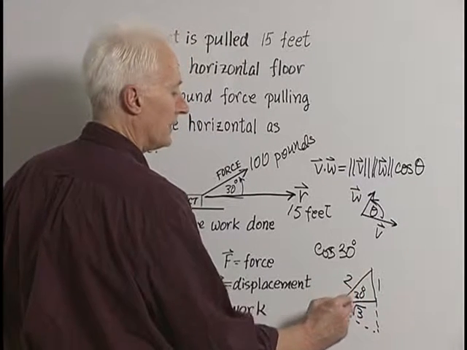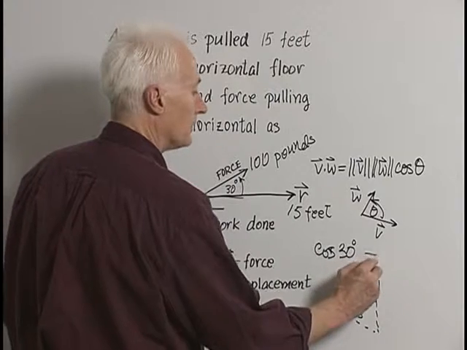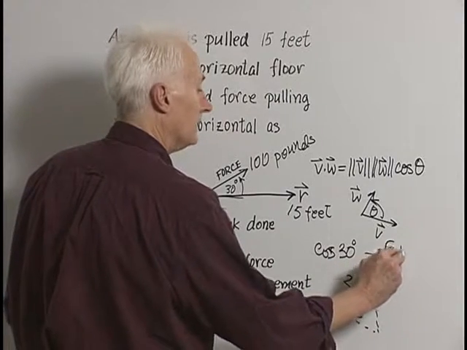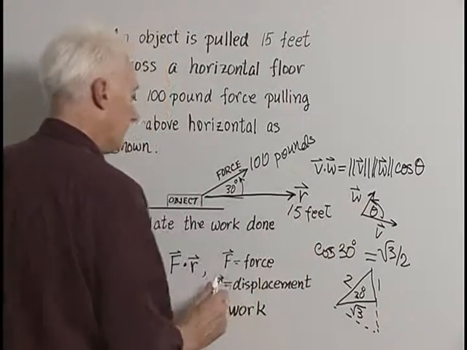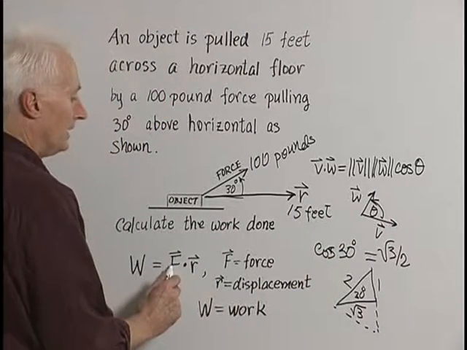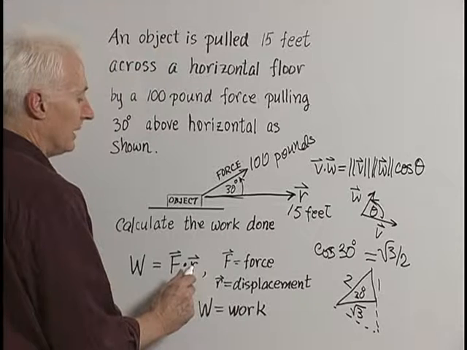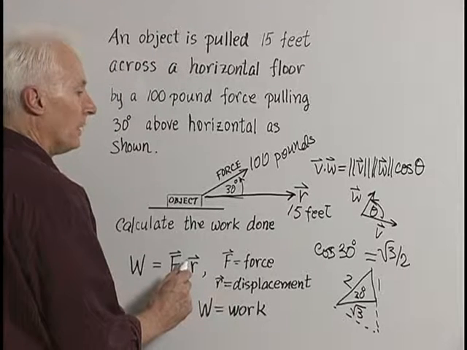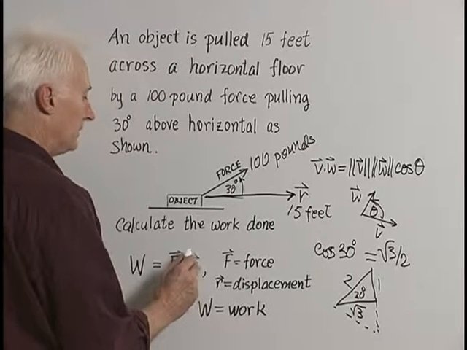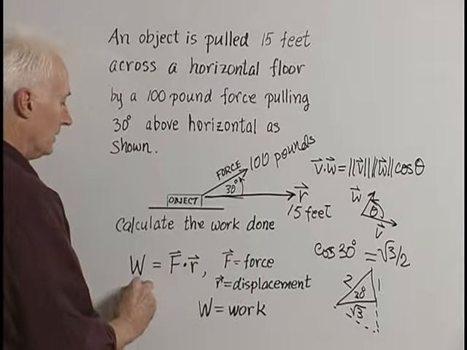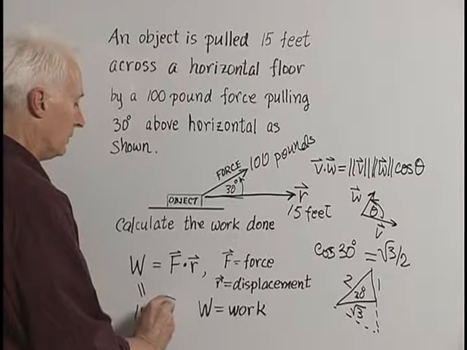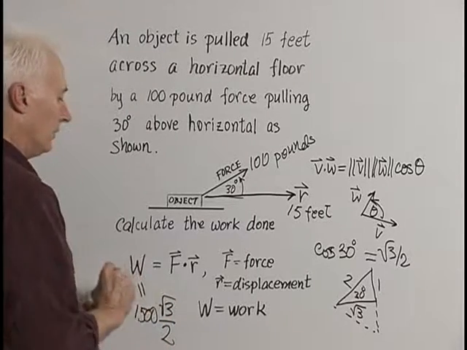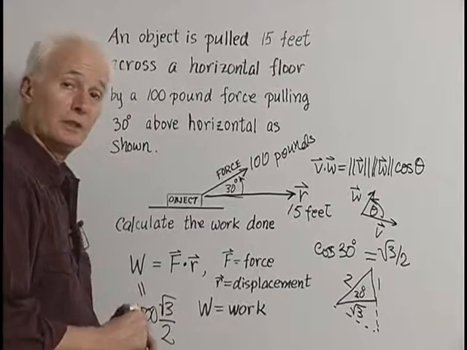And so the cosine of 30 degrees is square root 3 divided by 2. And so consequently, the length of our force is 100, the length of our displacement is 15, and we multiply that by the square root of 3 over 2. In other words, the work here is simply 1,500 times square root 3 over 2. That's all there is to it.